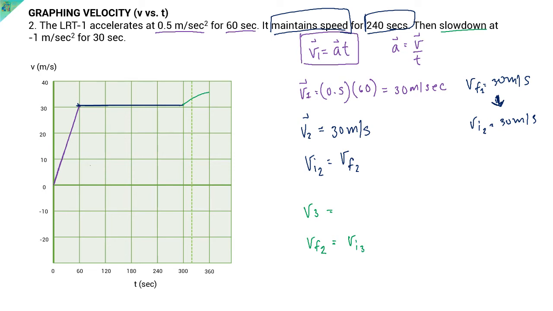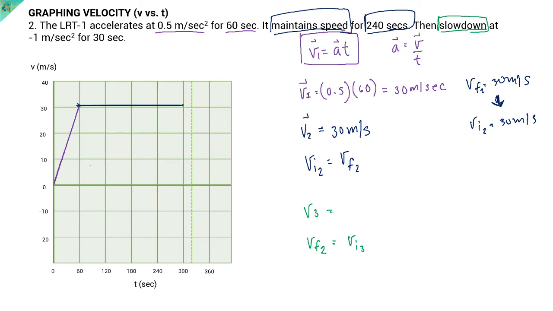Kasi ito, they are connected, di ba? They are connected. Okay. So what will be the final velocity of situation 3? So since our situation here states that it slows down, meaning it gradually reaches 0. Okay? So when it gradually reaches 0, it means that from 30 meters per second, it will decelerate.